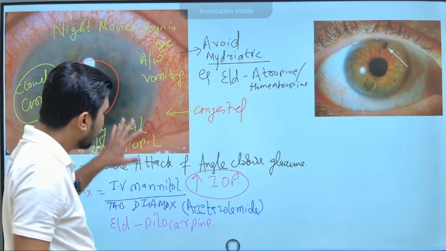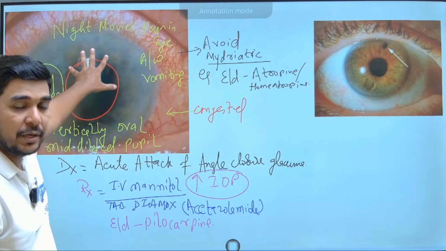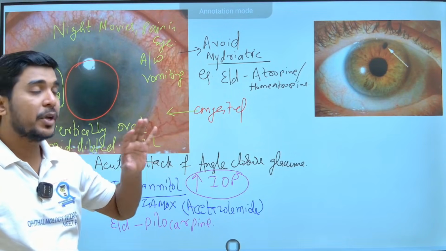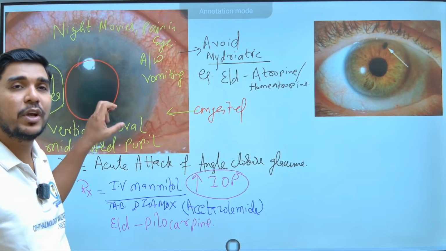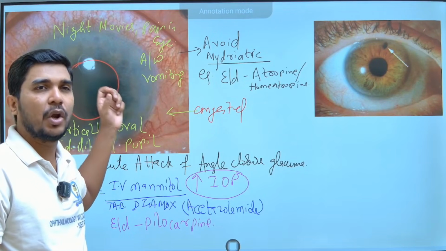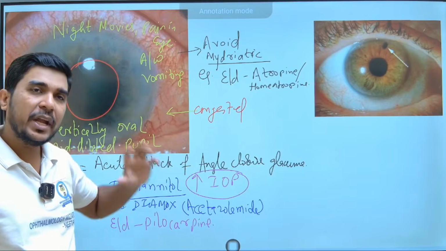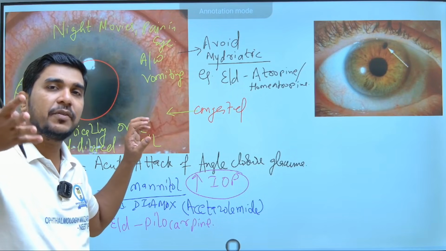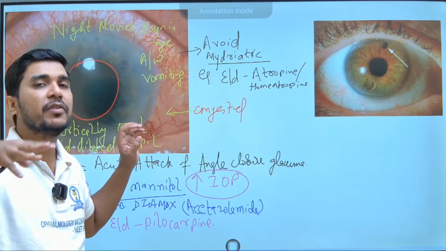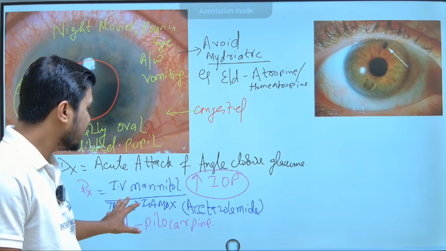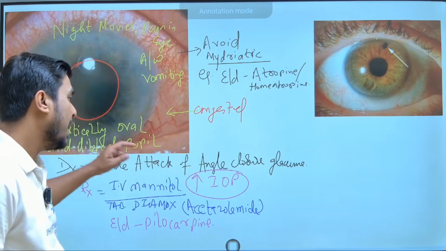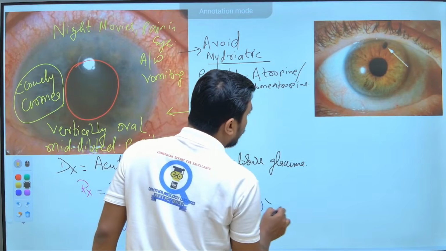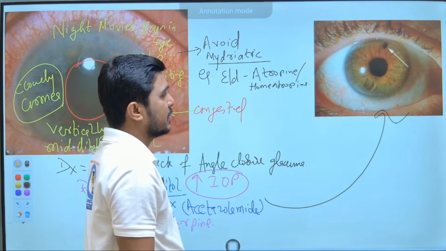Now suppose you have given all this treatment to this patient. Because the eye looks inflamed, you cannot do any surgical or laser intervention right away. Wait for this inflammation and congestion to subside, because the laser will further increase the inflammation and complicate things. So give this treatment, decrease the IOP, and after 1 or 2 weeks, when the inflammation goes away, you do this.